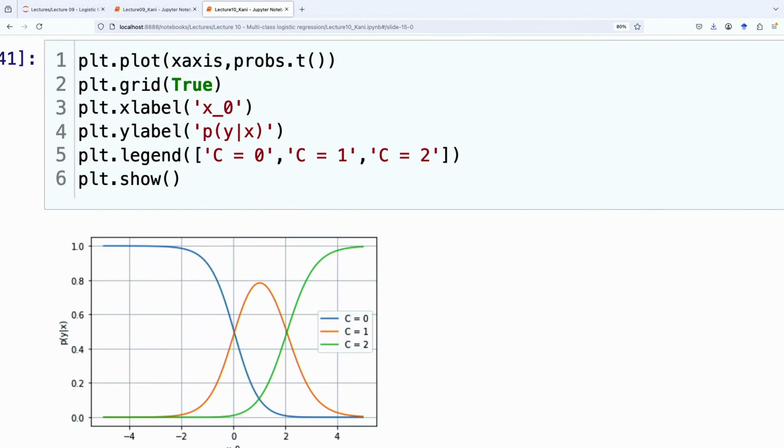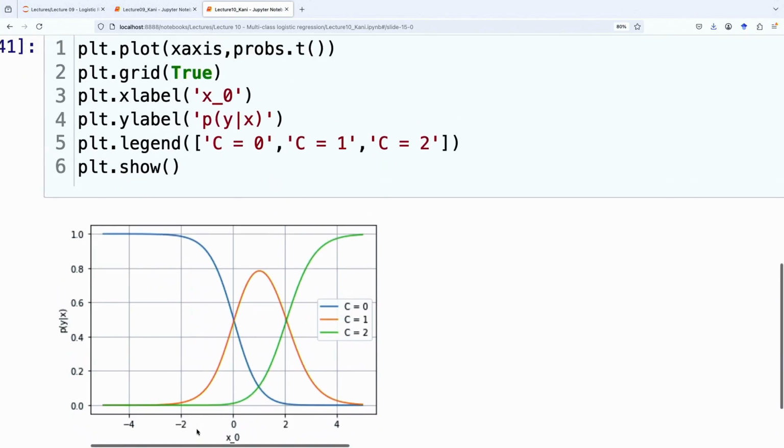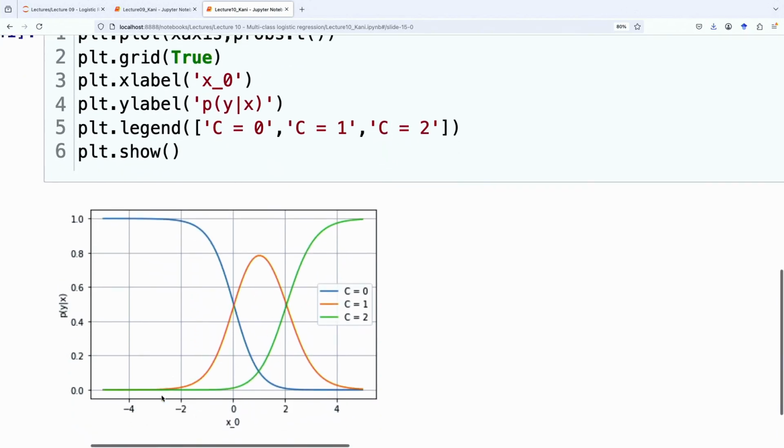And so what do we see? Remember the original data. C equals 0 was a bunch of data points here. For C equals 1, there was a bunch of data points in the middle. For C equals 2, a bunch of data points to the right. So we see that if x is very small, then it's probably part of class 0. If x is very large, it's probably part of class 2.